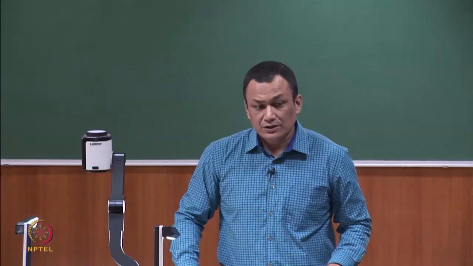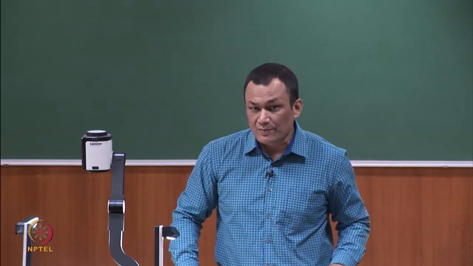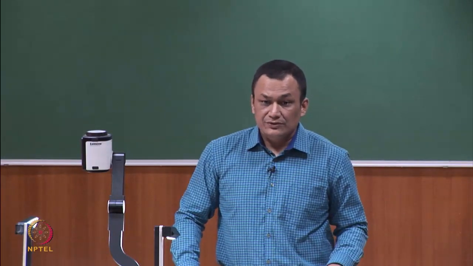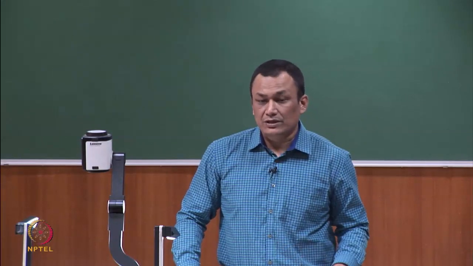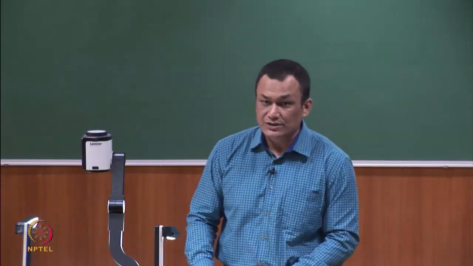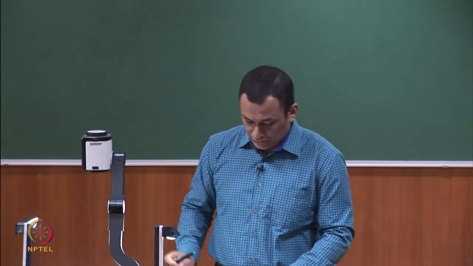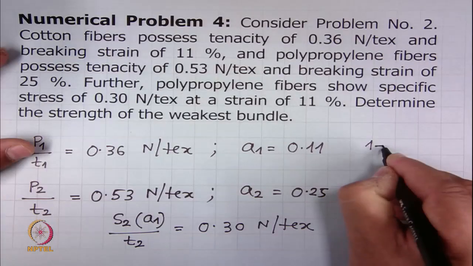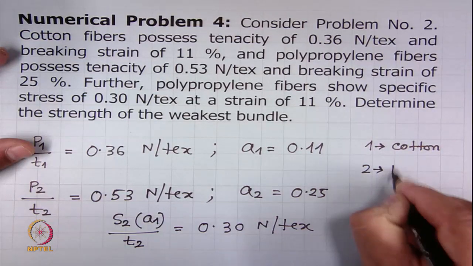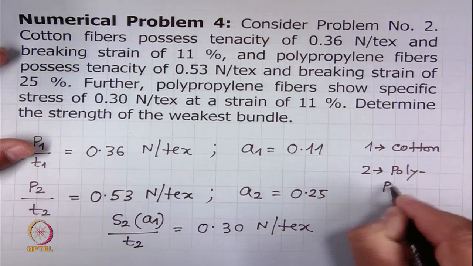Now, we have to first find out the blend ratio at which bundle tenacity will be minimum. Then we have to determine the strength of the bundle at that particular blend ratio. So, let us first determine the blend ratio at which bundle tenacity will be minimum. In this particular problem, subscript 1 denotes cotton and subscript 2 denotes polypropylene.